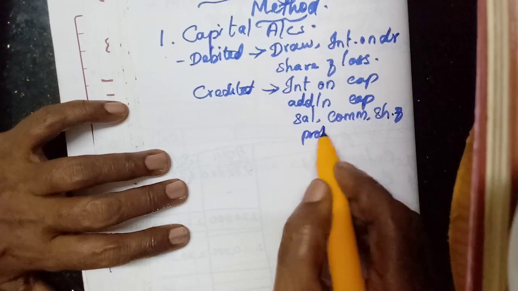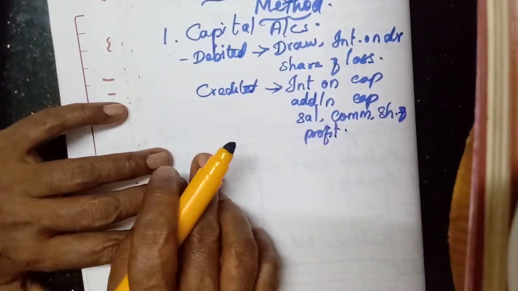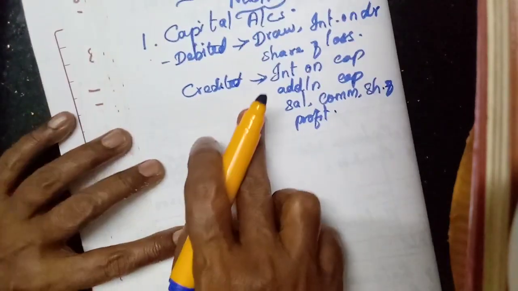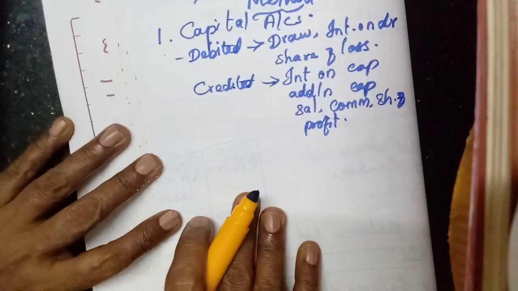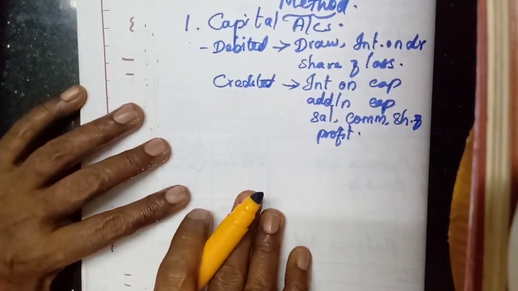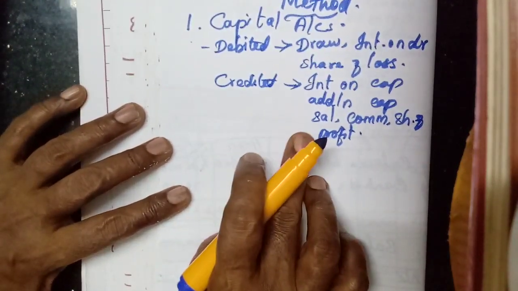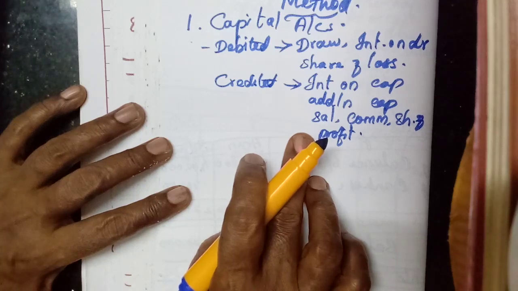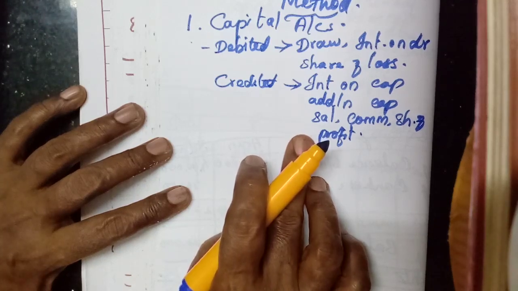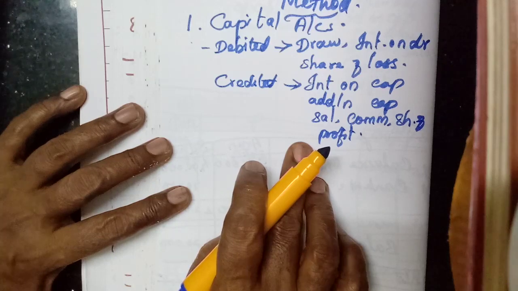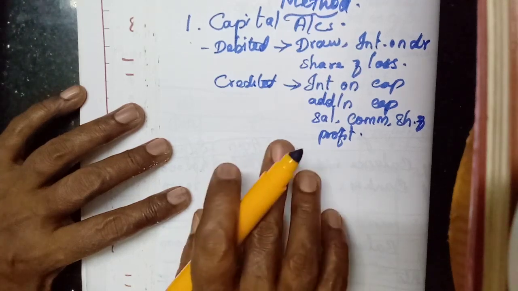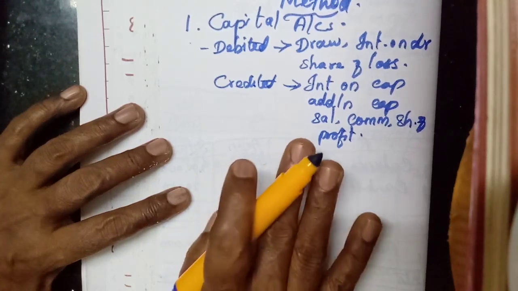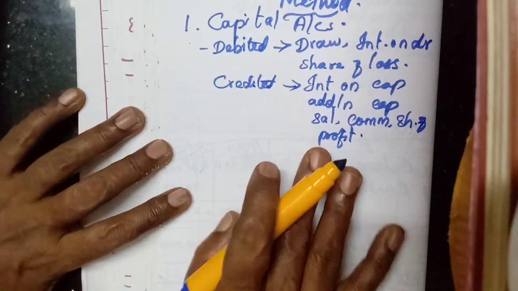Everything will be posted in the credit side of the partners capital account. Always it will have credit balance only. We have studied the current account will have either debit balance or credit balance, but in the fluctuating capital method we will have only credit balance.